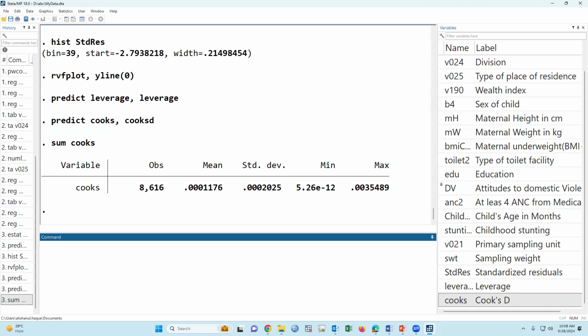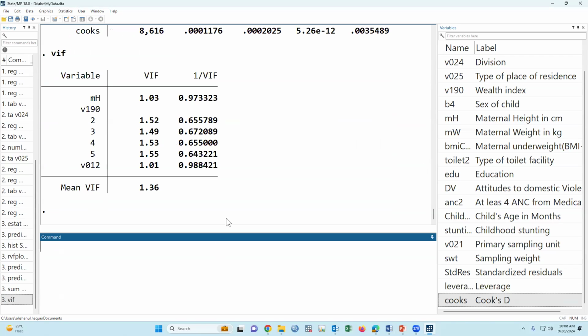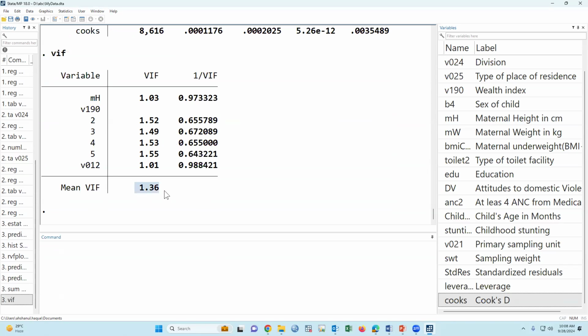Then the important diagnostic is VIF. If any value of VIF is greater than 5, then we can say that there is a multicollinearity problem. So if we get multicollinearity, then we have to drop this variable from the model, or we have to make a composite between two variables that are highly correlated.